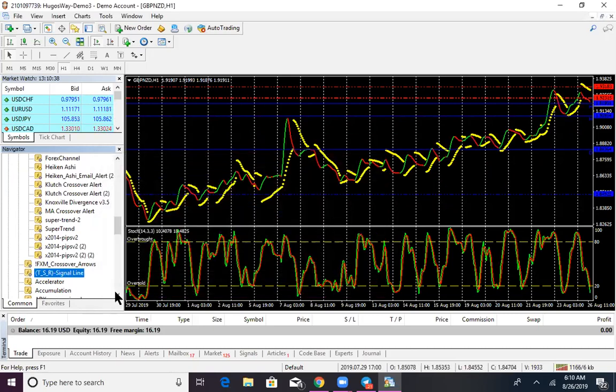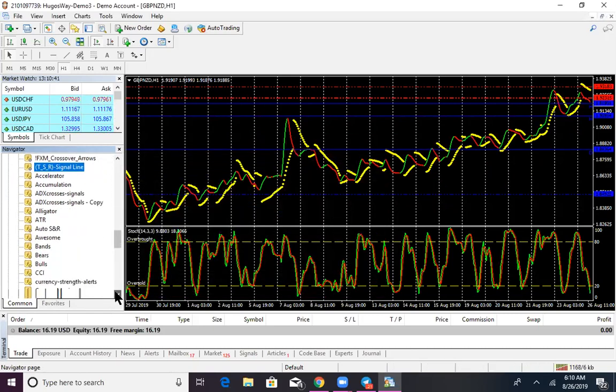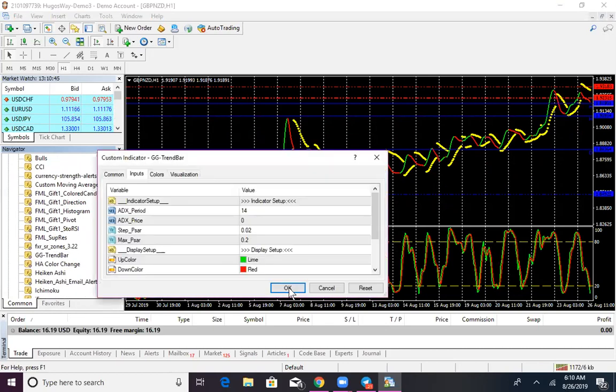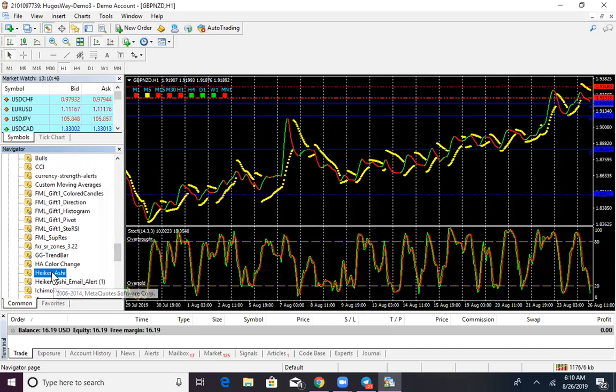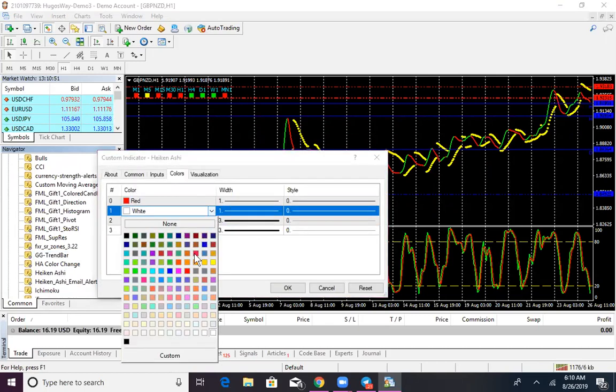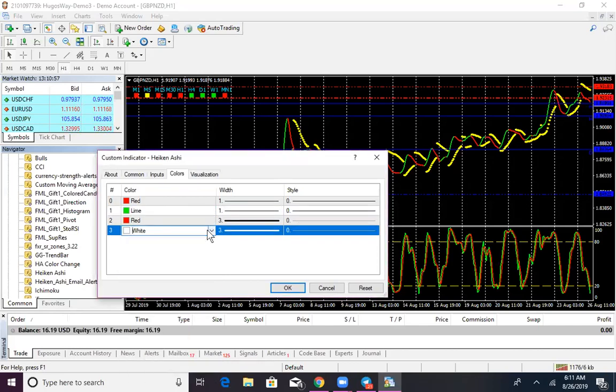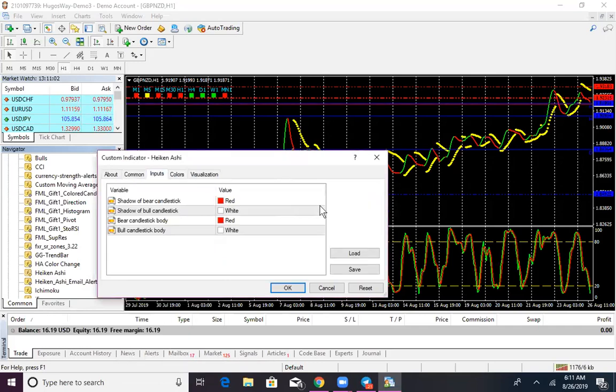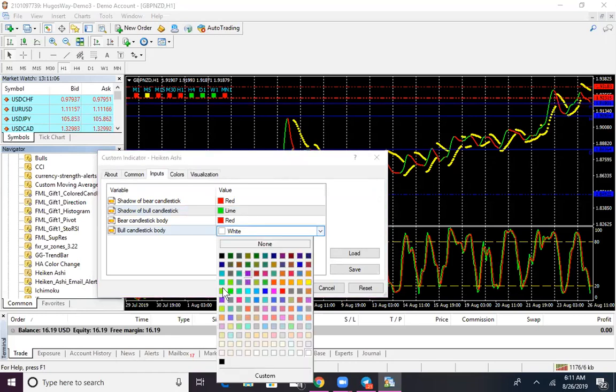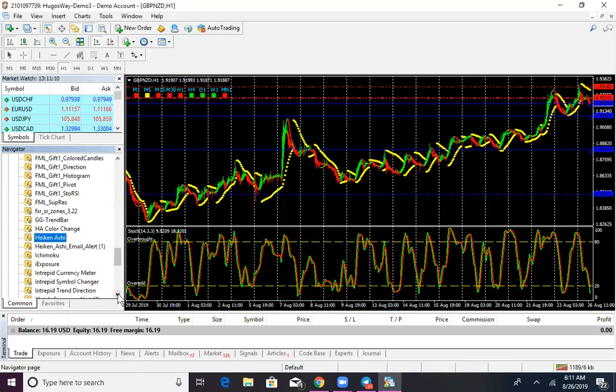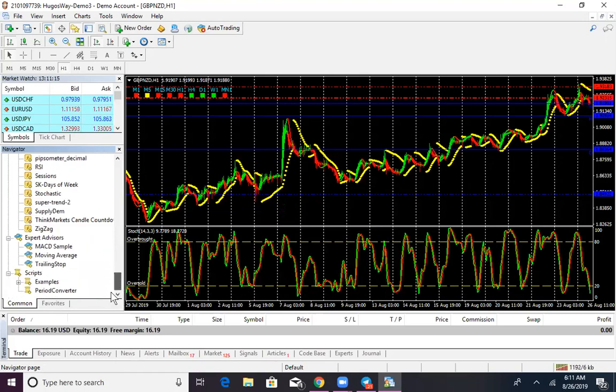This line. Heikin-Ashi candles, so I can see my trend. I think this is all I need.